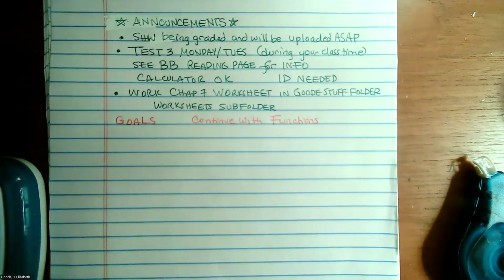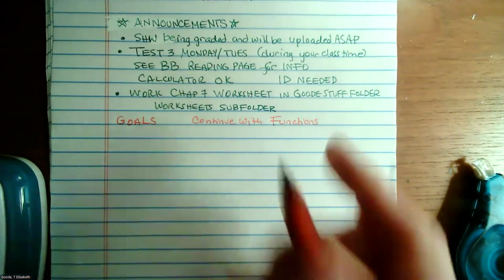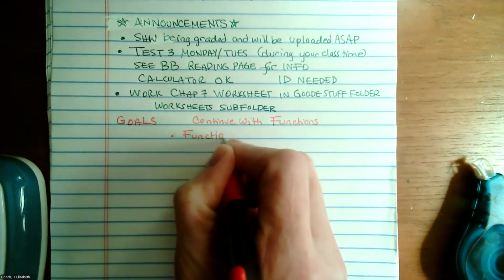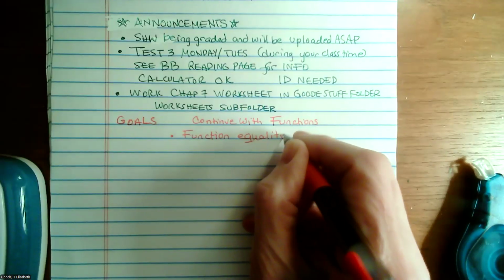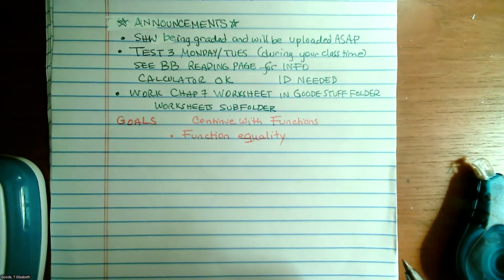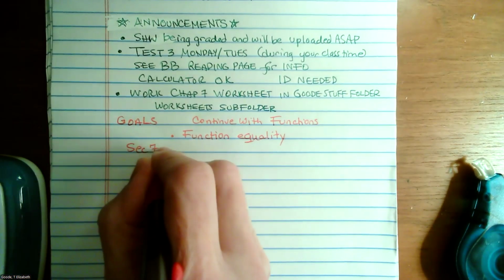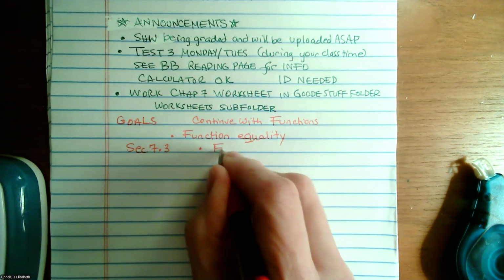Let's make sure this is in focus. That's a little better. We're going to ask, what does it mean for two functions to be equal? There is one WebAssign problem that asks you if a couple of functions are equal, so we'll talk about that. And then, of course, in section 7.3, it's about composing functions, or function composition.